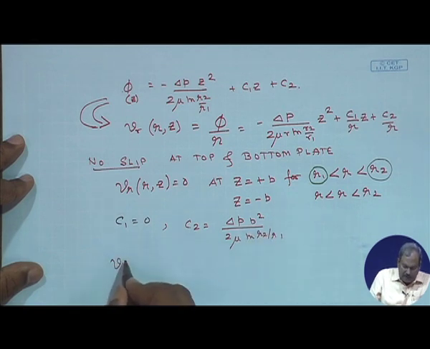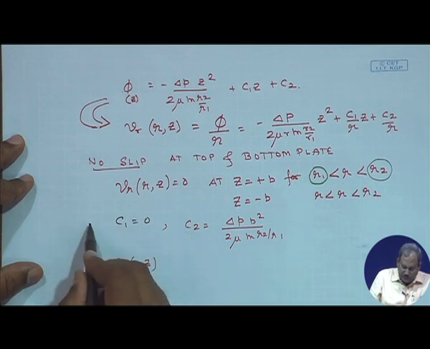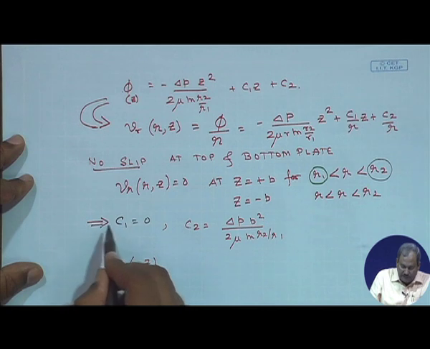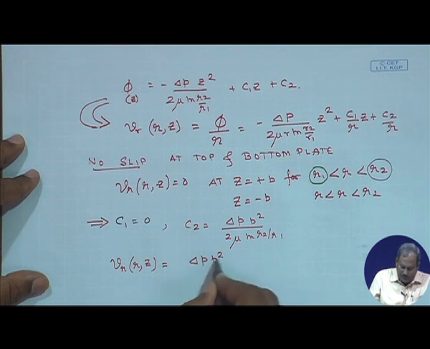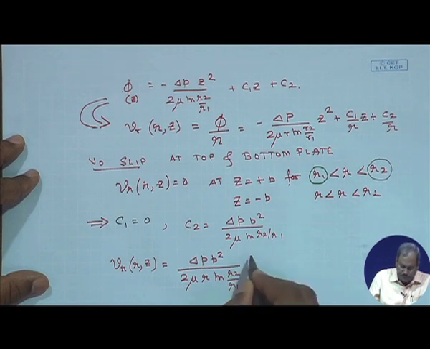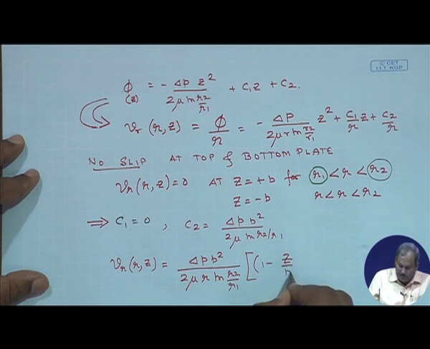So your Vr, which is a function of r and z, with these expressions for C1 and C2 would finally come to be delta P b square by 2 mu r ln r2 by r1 times 1 minus z by b whole square.